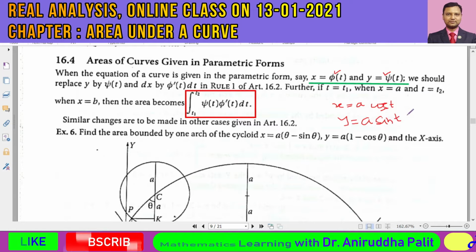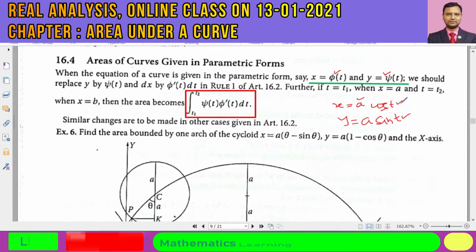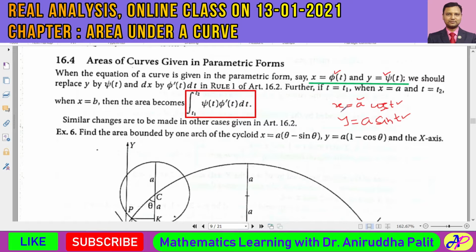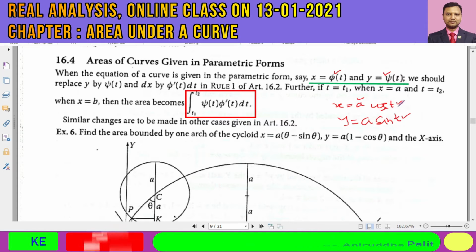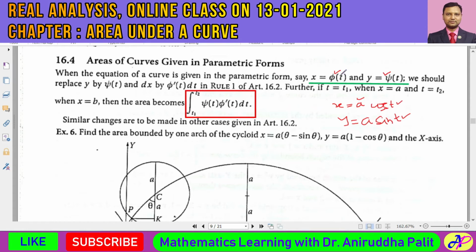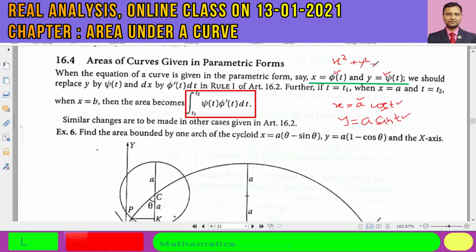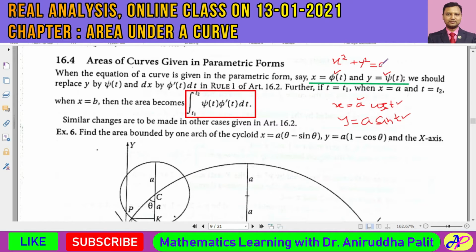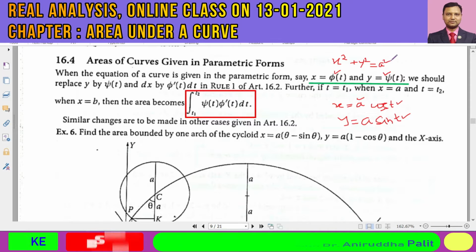So theta or t are the parameters, and a is the radius of the circle. If you square these two expressions and add them up, you will get the Cartesian equation: x square plus y square is equal to a square, the Cartesian equation of the circle with radius a.